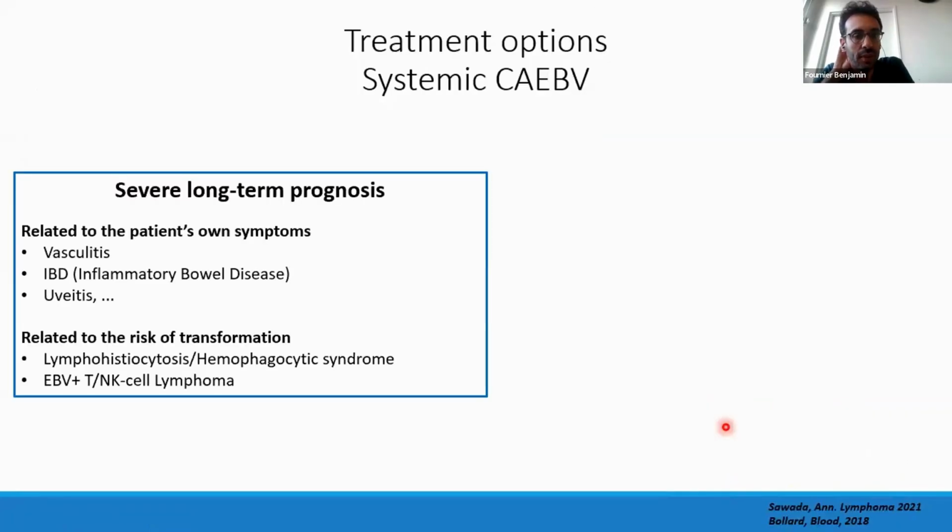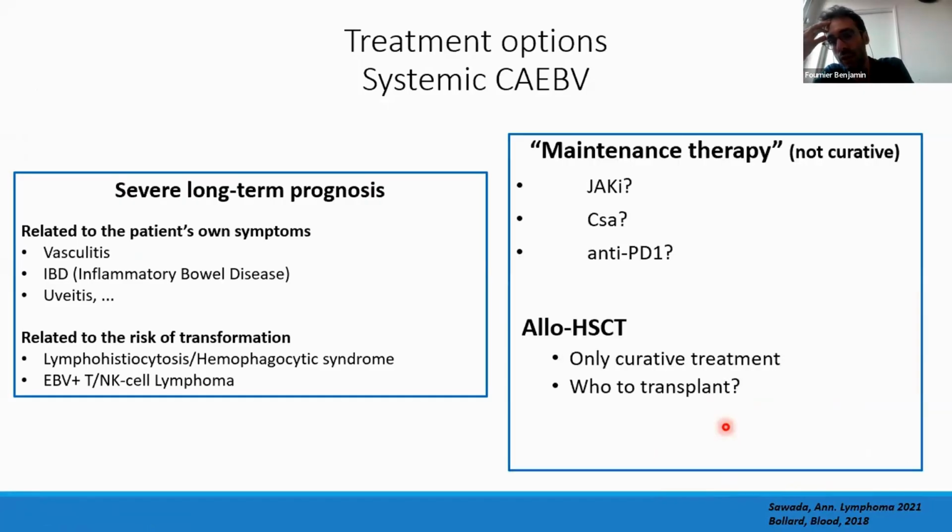So what are the treatments for these patients? These patients have a severe prognosis because, as you can see, they may have severe vasculitis, severe IBD, and there is a high risk of transformation, but sometimes after years of evolution. So how can you treat them? You may use maintenance therapy to try to dampen T-cell activation, but it will never be curative.